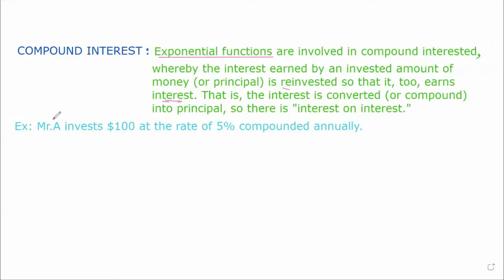For example, let's see an example so you will understand more. Mr. A invests $100 at the rate of 5% compounded annually.